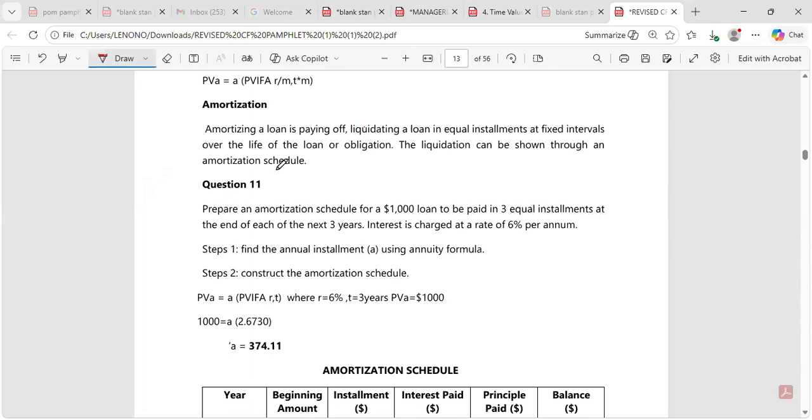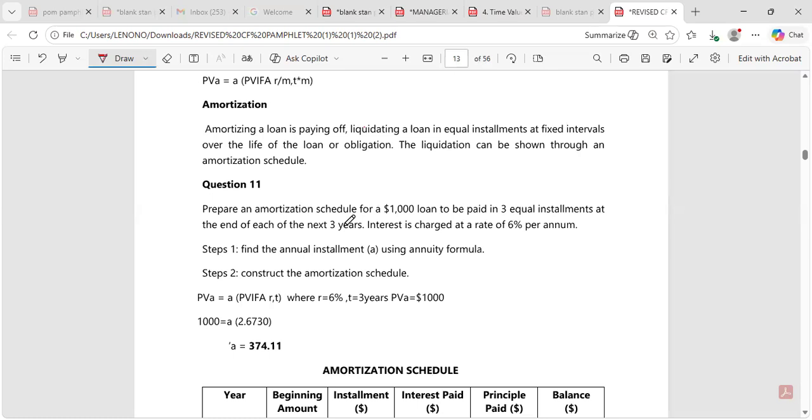Prepare an amortization schedule for a $1,000 loan to be paid in 3 equal installments at the end of each of the next 3 years. Interest is charged at a rate of 6% per annum.